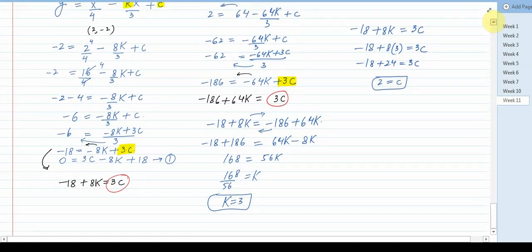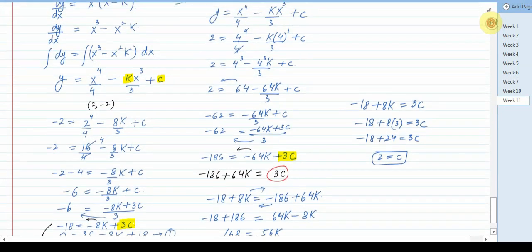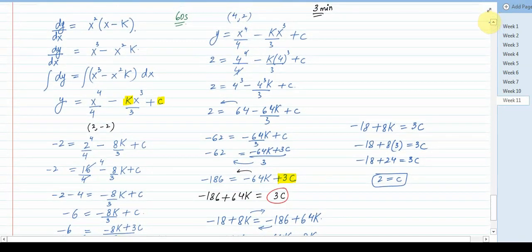Alright, so what is my main equation here? This one, that is my main equation. So what I need to do is place the value of k and c here.